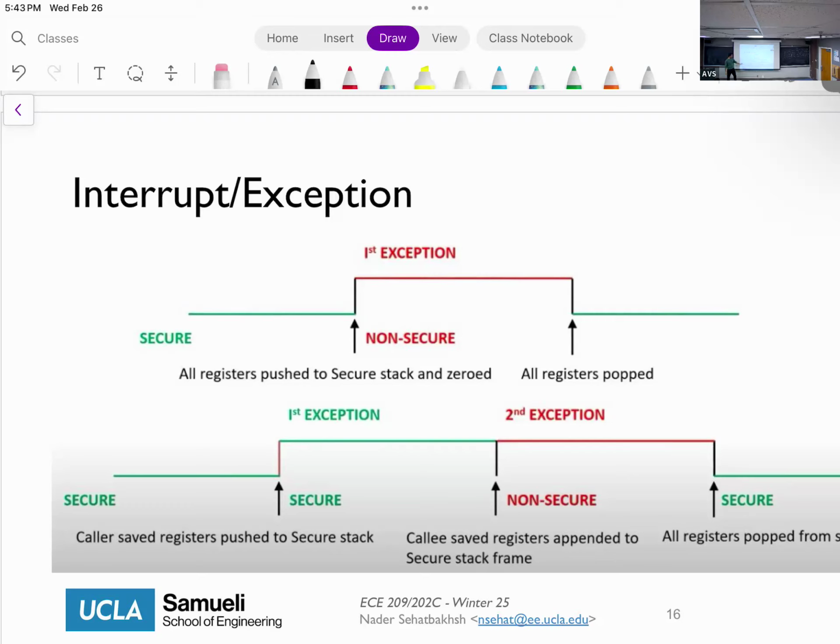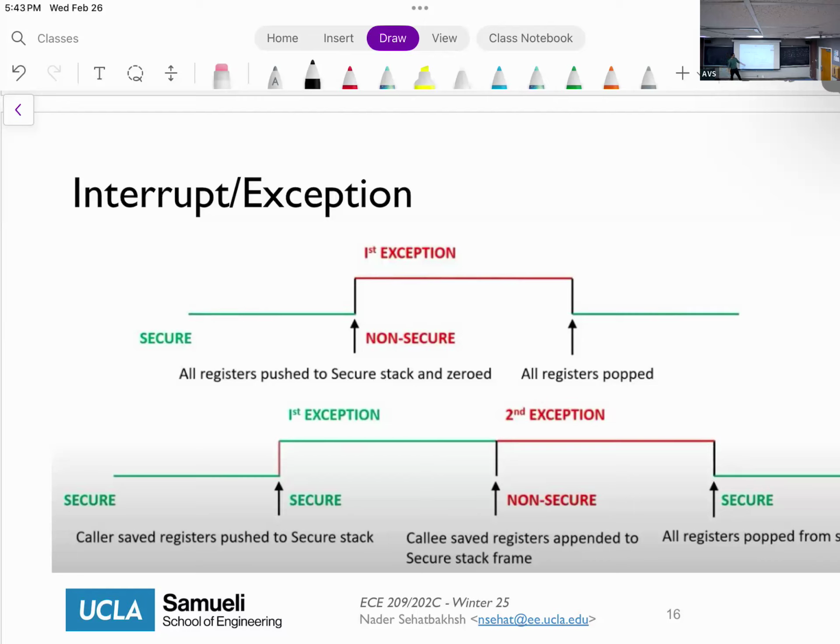You can also have a secure exception or interrupt, so within the trusted world you can have interrupts, and also nested interrupts. For example, you're using your phone and then your phone rings, or you want to take a picture. These are regular activities, right? So you should be able to handle all of that.